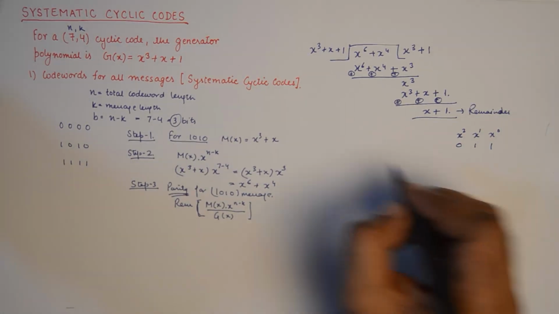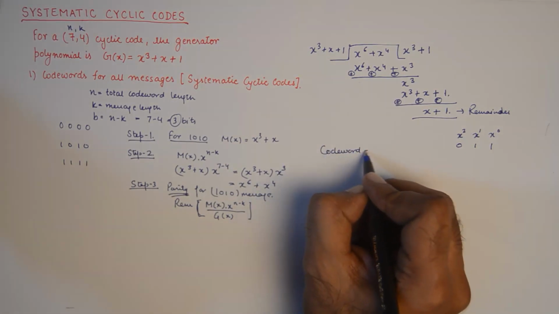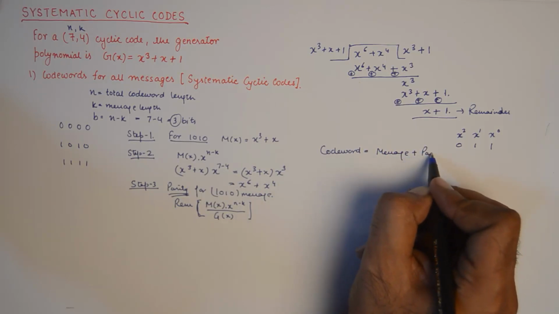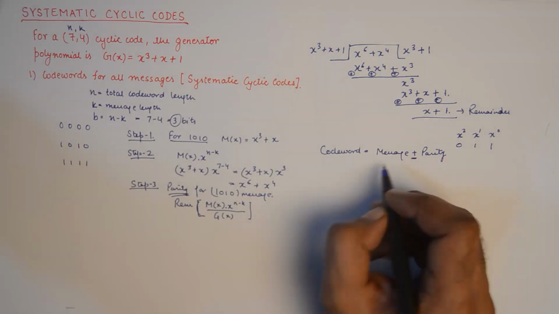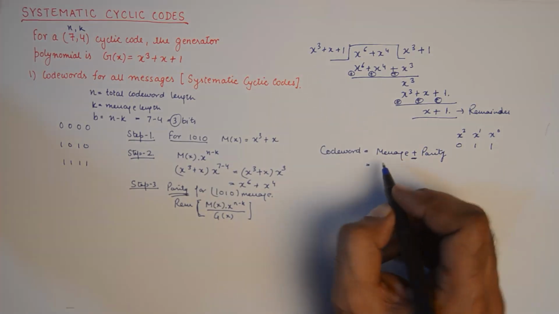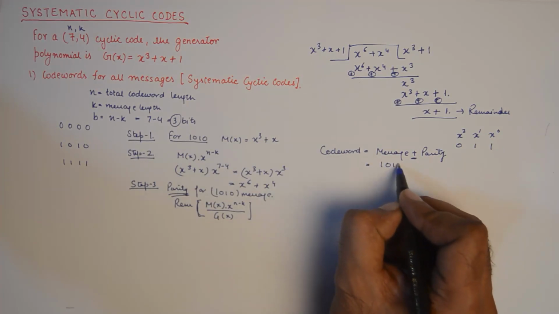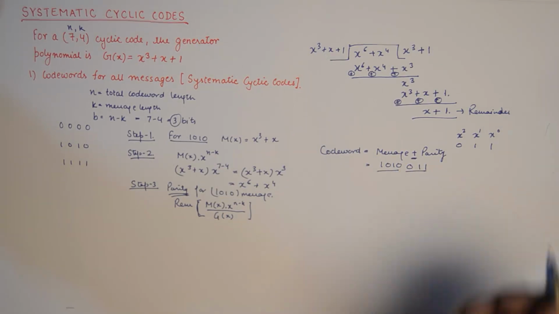So in other words, my code word becomes message plus parity, or augmentation rather. So my message is 1010 augmented by 011.